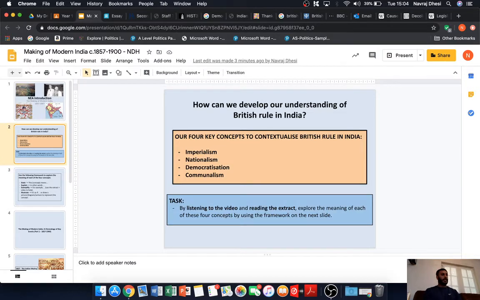Right. So imperialism. Imperialism relates to extending a country's power and influence through the direct acquisition or annexation, which means taking over of territories and colonies, okay? And obviously with that direct acquisition of territories and colonies, the mother country, the country who invades the other countries, gains political and economic control of those regions, okay?